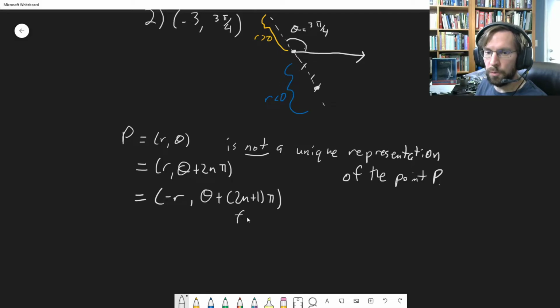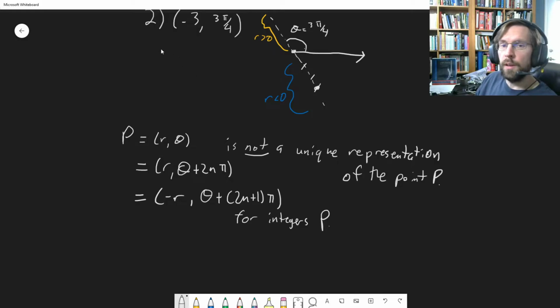Okay, and this is for integers p. Okay, so if I really didn't want to write point 2 that we had from before with negative radius, like maybe that's the directions in some hypothetical homework problem, we can rewrite this so that the radius is always positive.